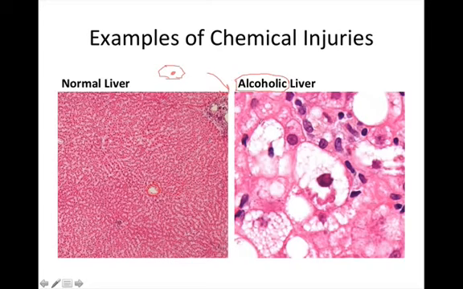Now, what happens when we metabolize alcohol? When we metabolize alcohol, remember we're talking about ethanol, we wind up producing a lot of lactic acid and other metabolites, and they can accumulate in the liver and cause severe damage.